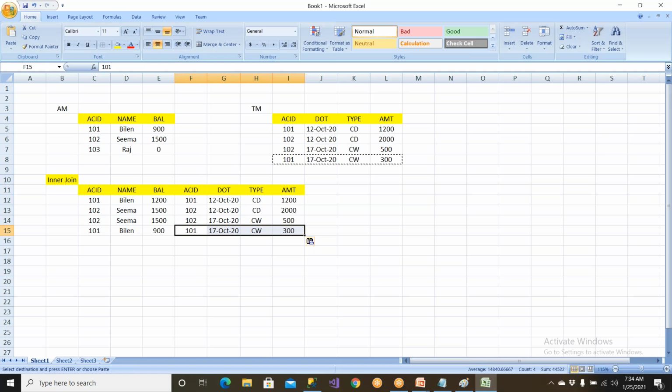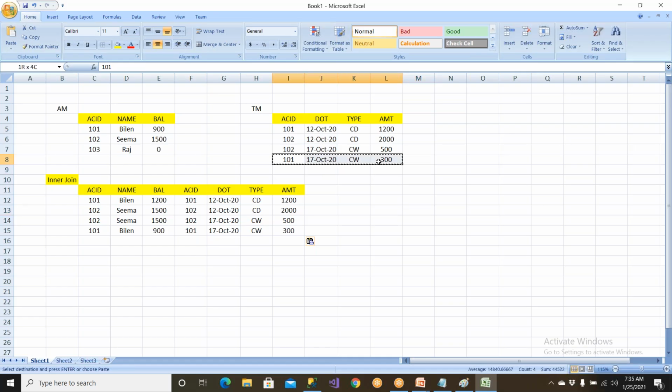Am I clear? Whenever you join, whatever be the data, that will be coming here and this will come there. Now the number of rows available here is 4. So maximum you will be able to get 4 rows, because here you may have 3 rows, 3000 rows, doesn't matter, because it is the number of rows available in the foreign key table. Clear? So all the matching records will be given like this.